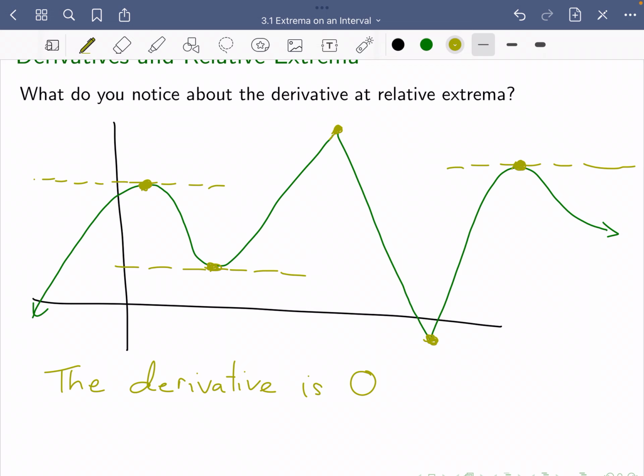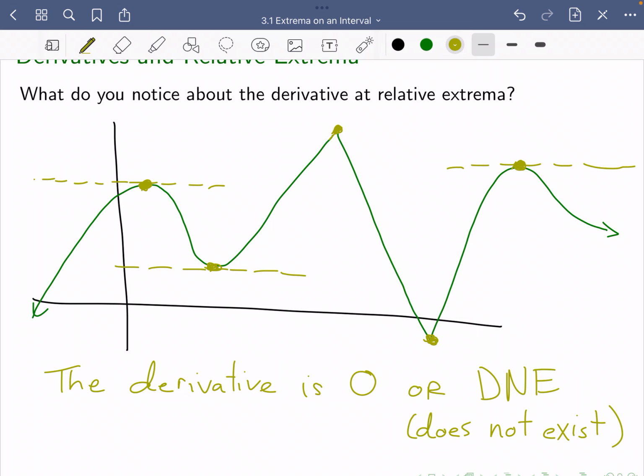Well, those are sharp corners. Because those are sharp corners, our derivative does not exist at those points. But we do have a relative maximum there. So the derivative is 0, or the derivative does not exist. One of those two things is going to occur if we have a relative extrema.